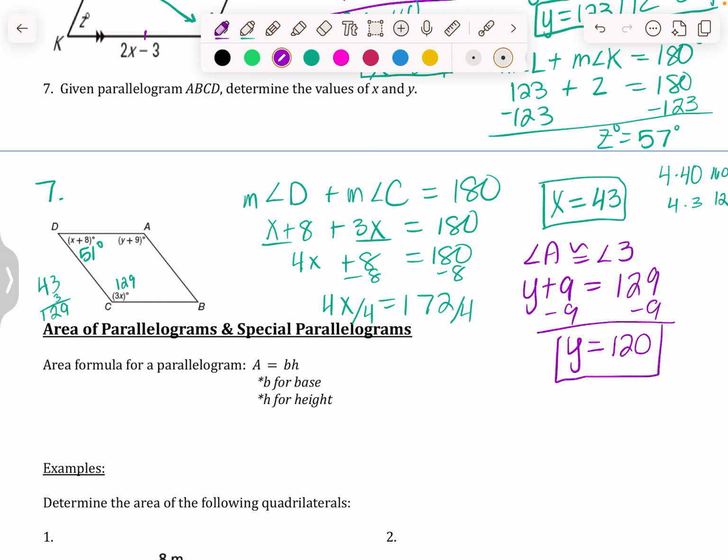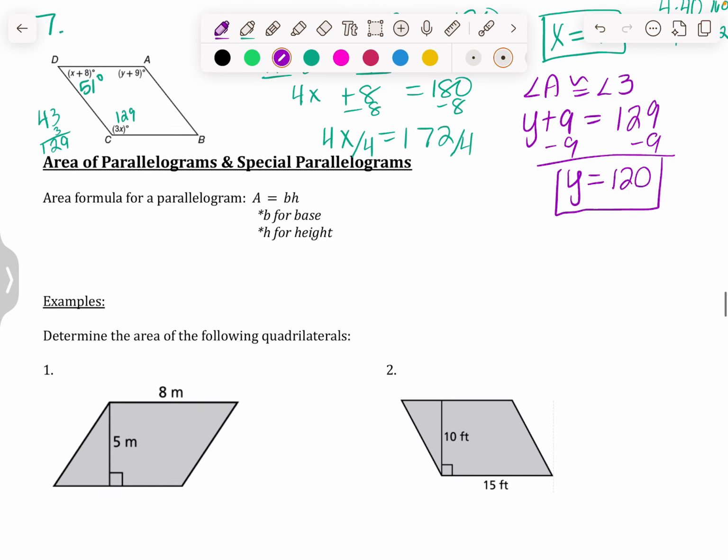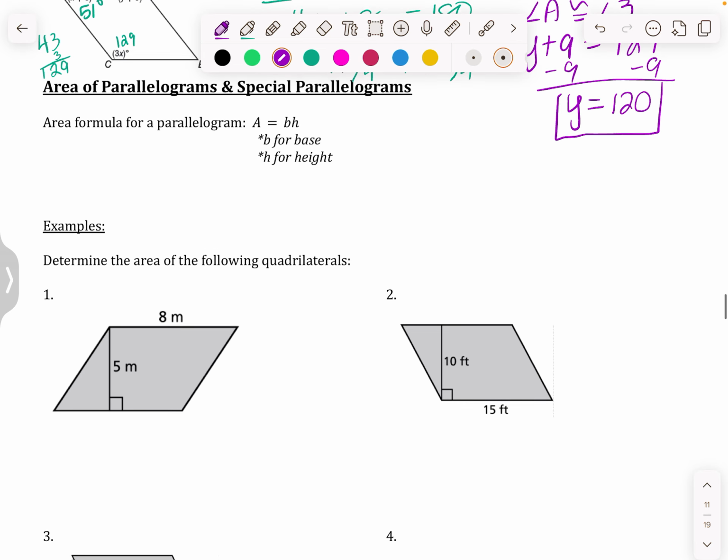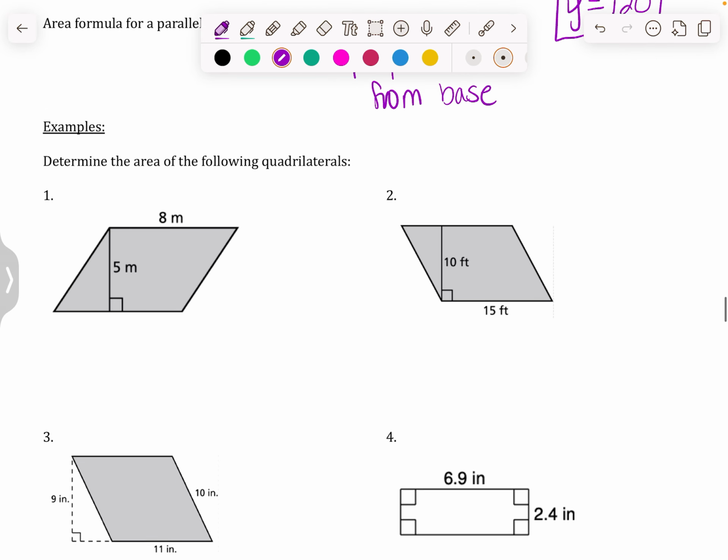All right, then a quick review for area. So area is base times height. Remember we talked about height has to be the perpendicular from the base, or form that 90-degree angle.